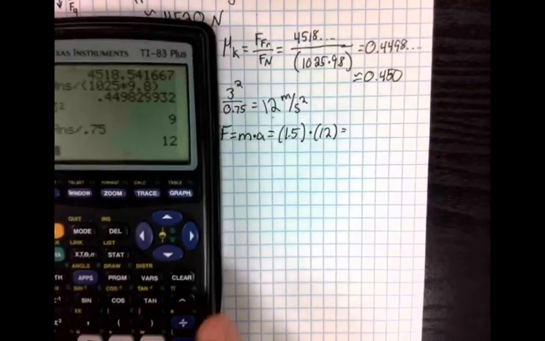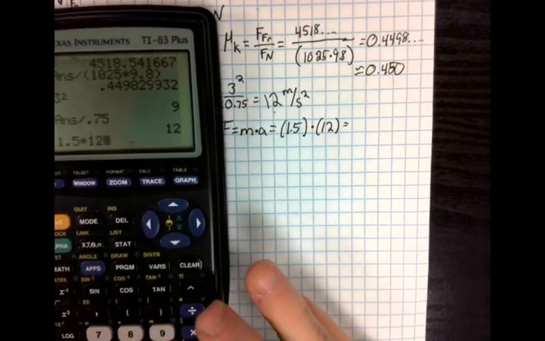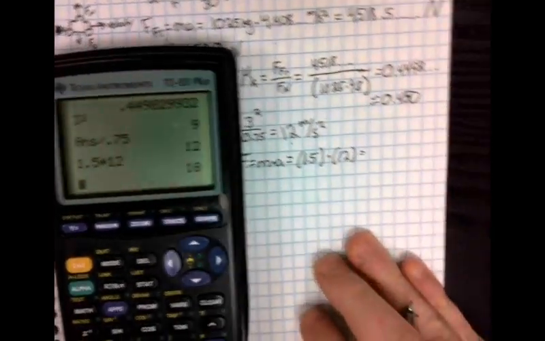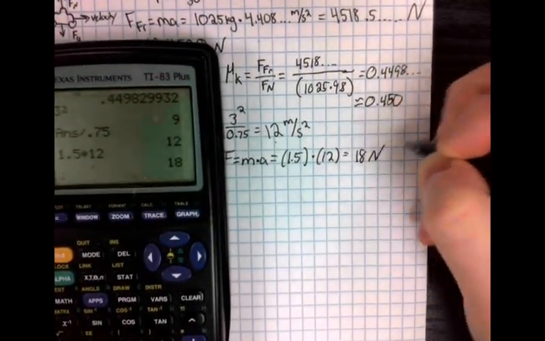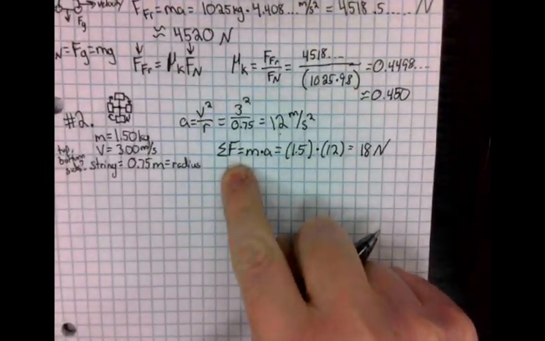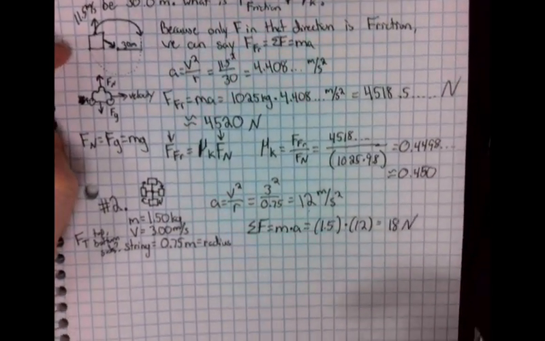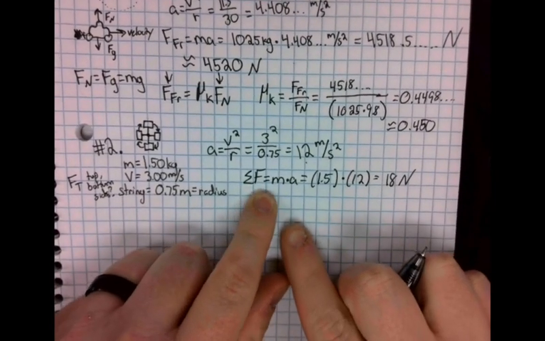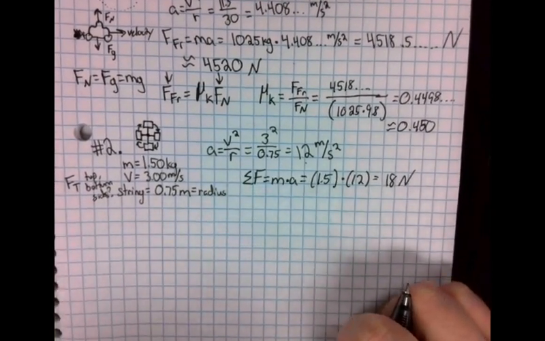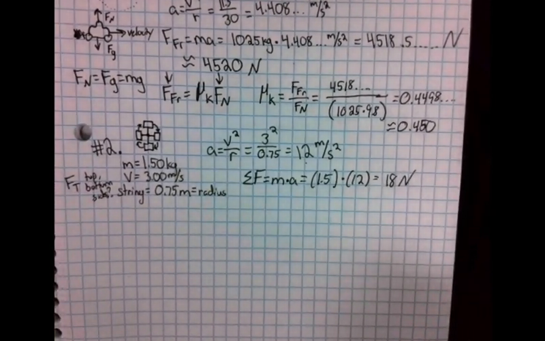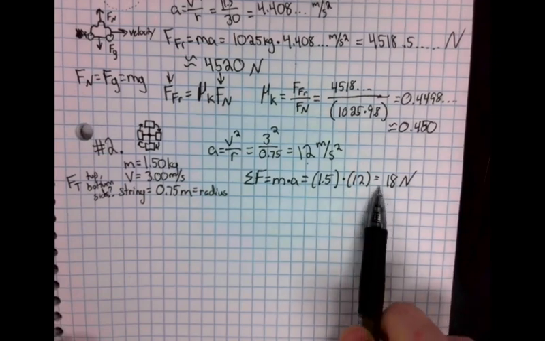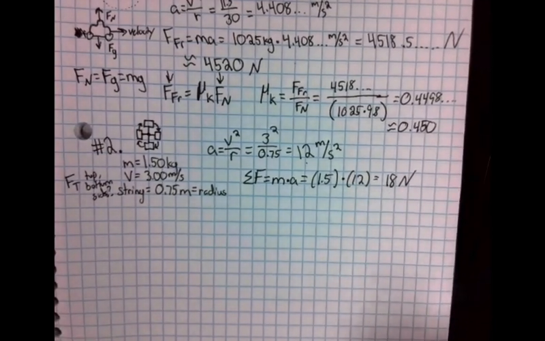I'm going to plug it in just in case. 1.5 times 12, 18 newtons. Again, remember this was the sum of the forces. Up here in this problem, it was the only force, so it just became equal to it. But here, when we're in the vertical direction, it may not be the only force. And in fact, it usually won't be the only force acting in that direction. So we have to consider it just as the sum of the forces, not as something already set equal to something.